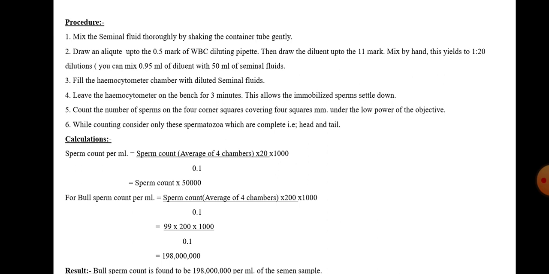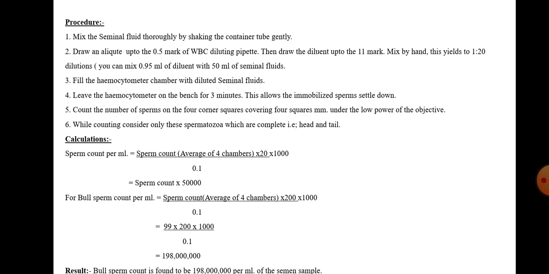So that comes to sperm count into 50,000. For bull sperm count per ml, it is sperm count, the average of 4 chambers, into 200 into 1000 upon 0.1.